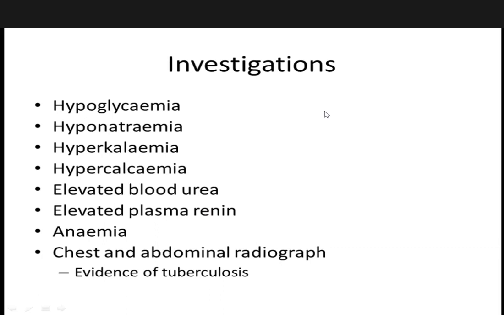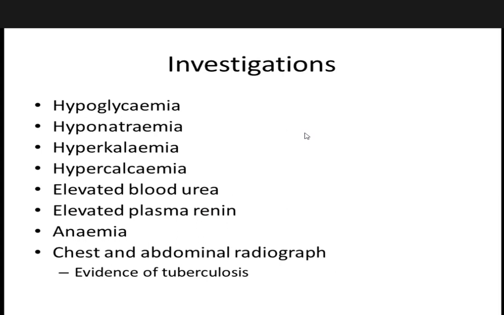So these are the investigation findings you might see in patients with Addison's syndrome. Right? They will have low blood sugar levels, low sodium levels, elevated potassium levels. Right? Even after hydrating them, they can have elevated calcium levels, elevated blood urea.